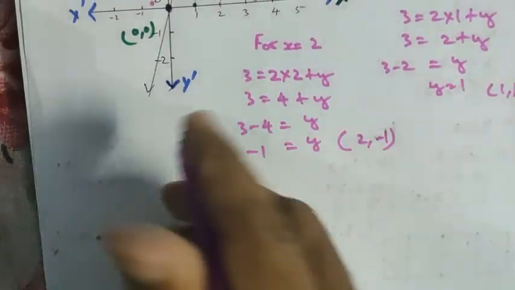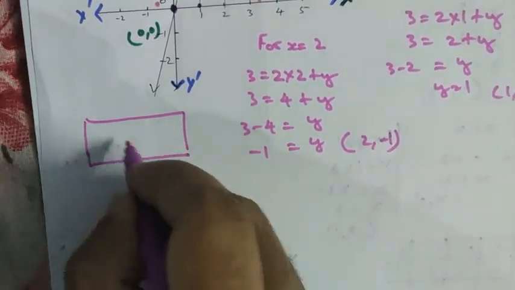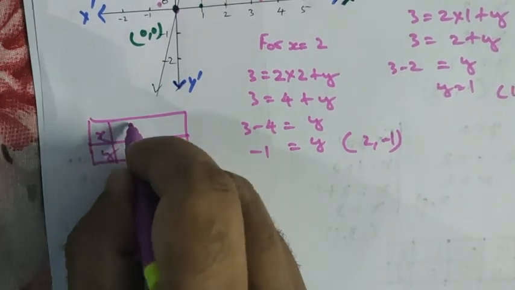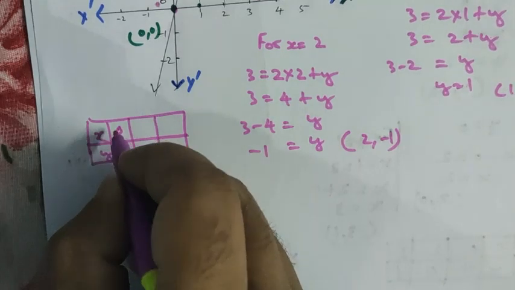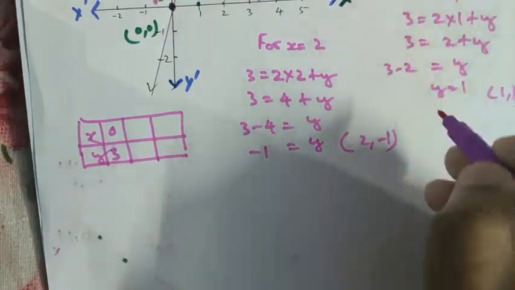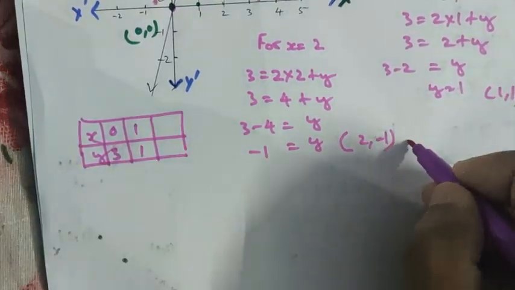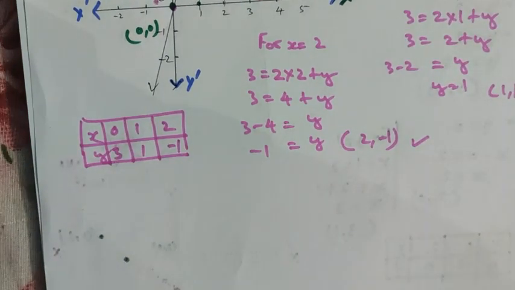So we can draw the table. For x equals 0, y equals 3, for x equals 1, y equals 1, for x equals 2, y equals minus 1. Now we will plot.